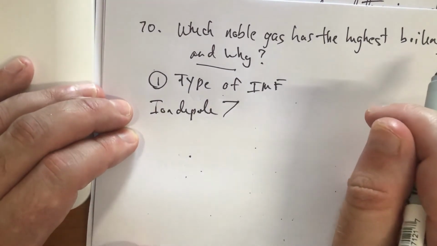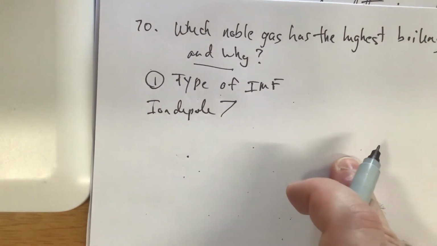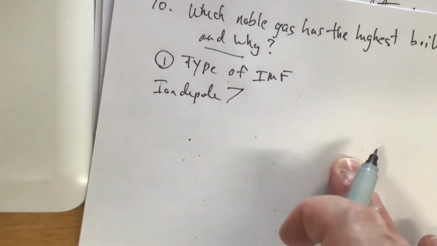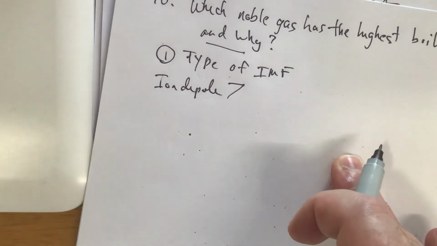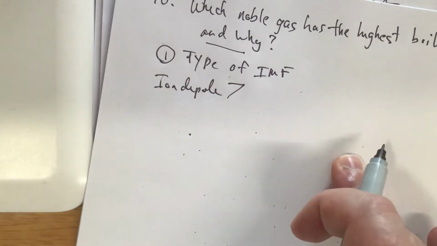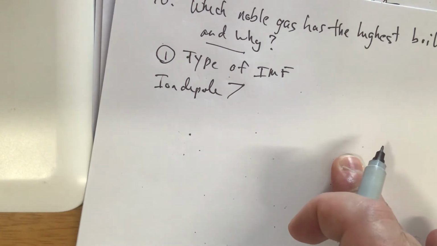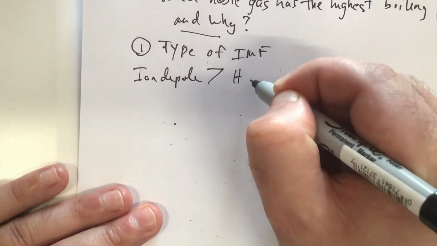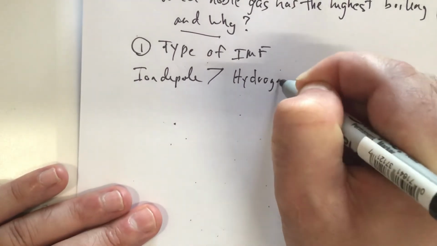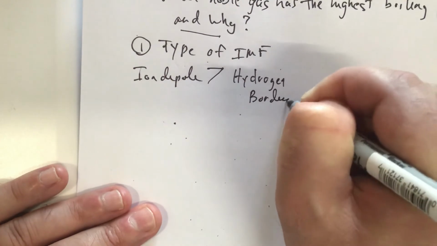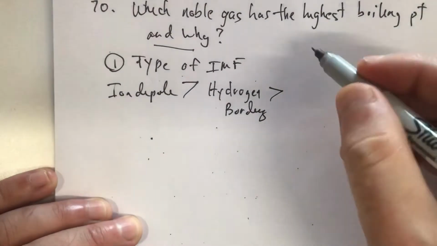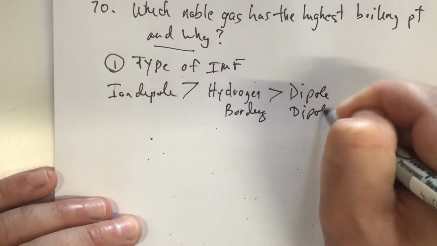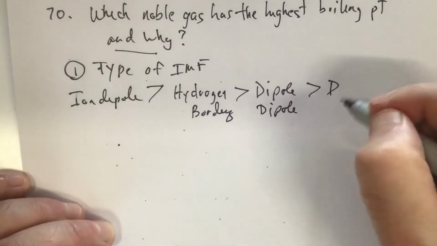If, say, molecular weight is the same, then the one with the ion-dipole force will take more energy to pull apart, to boil it, to vaporize it, to break those bonds that link it together. So it will have a higher boiling point than one with hydrogen bonding, versus one with dipole-dipole, versus the weakest one with just dispersion forces.